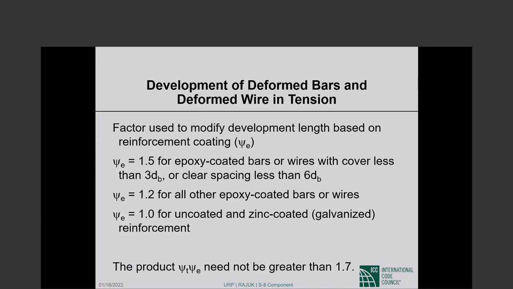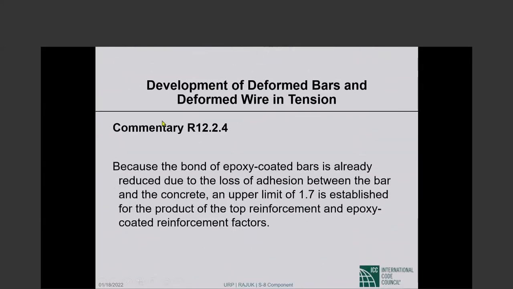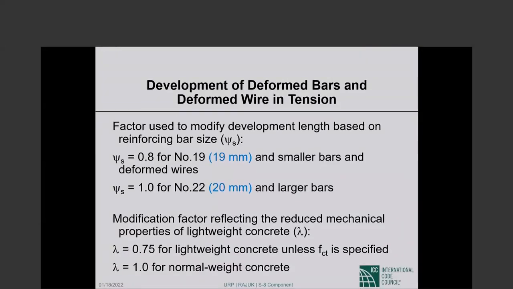The product of the two, the top bar factor and the epoxy coating factor, has a ceiling of 1.7. You don't need to take it more than 1.7. And it is explained why we put this upper bound of 1.7 on the product of the two.